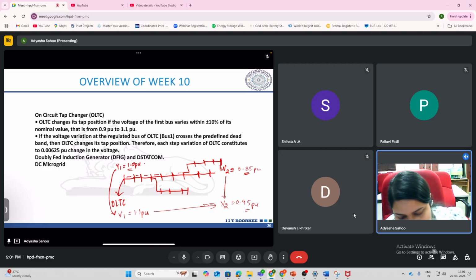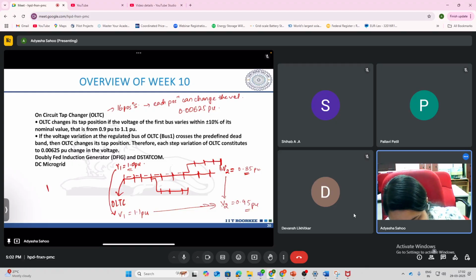So basically, here you have various tap positions on the transformer. Mostly there are 16 positions, and each position can change the voltage by 0.00625 per unit, in both the positive and negative direction.